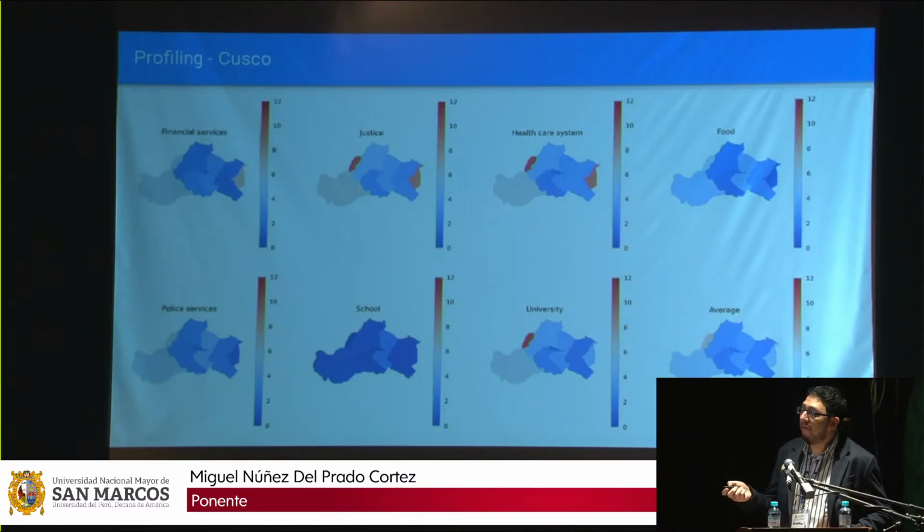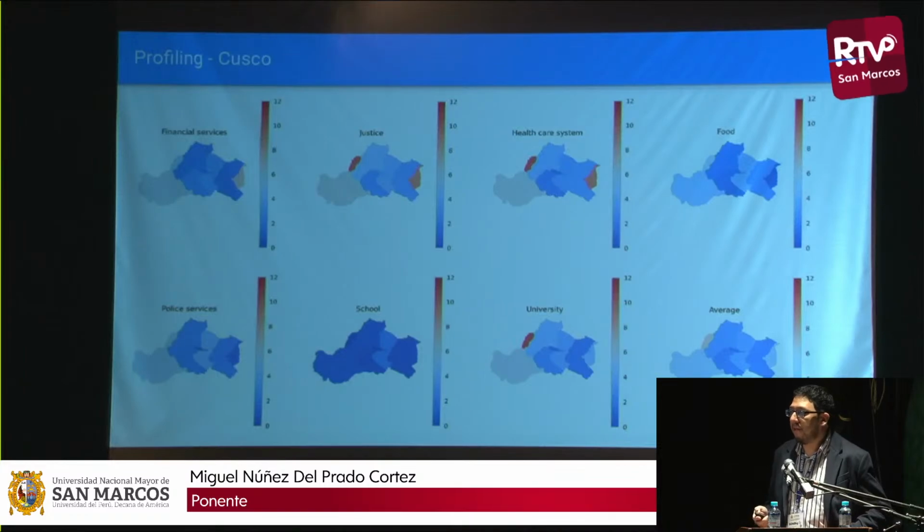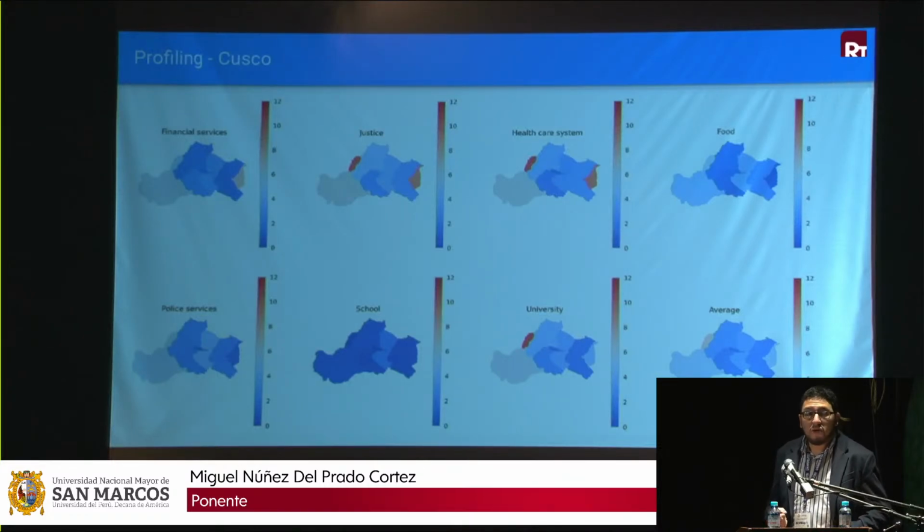For instance, here we have this district, Poroy in Cusco, which is very far away from justice public services and from universities, and on average is the one that has the worst accessibility index for the whole city. Which means that in the near future, the new regional president should invest or make cross-sectoral investments to improve this kind of accessibility for these citizens. Because this can also lead to discrimination and other kinds of social problems.